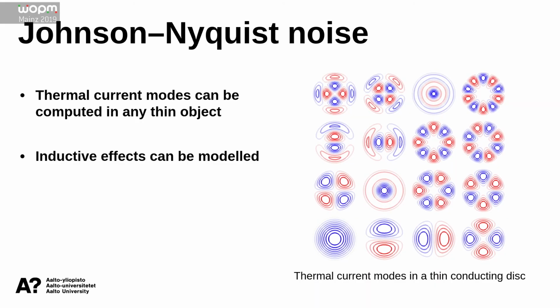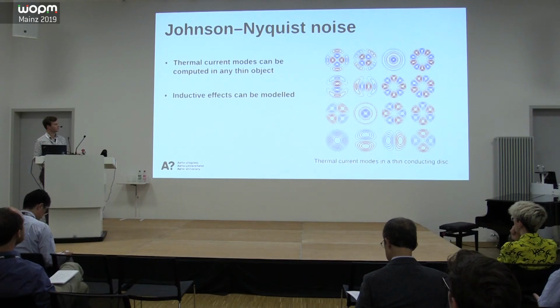We can not only do coils on arbitrary surfaces, but we can also compute the thermal magnetic noise of thin surfaces. You divide the thermal currents into these modes, going from low spatial frequencies to high spatial frequencies.